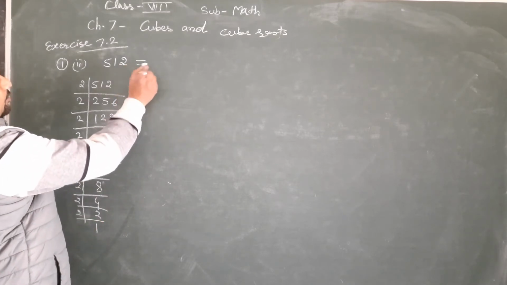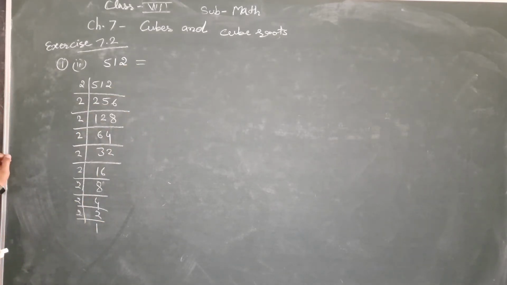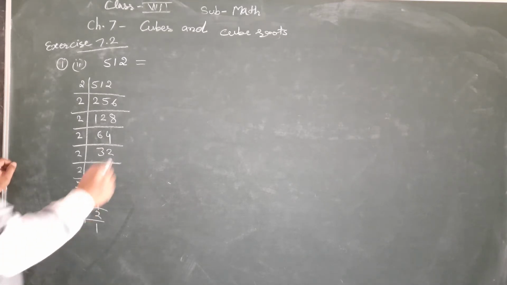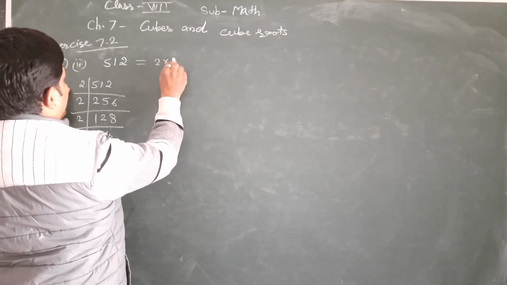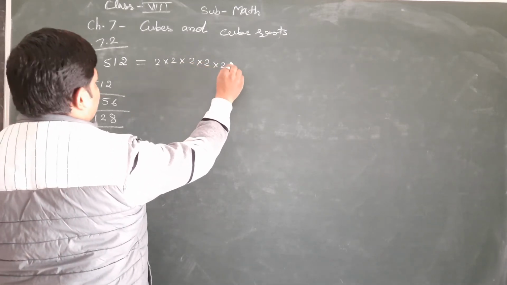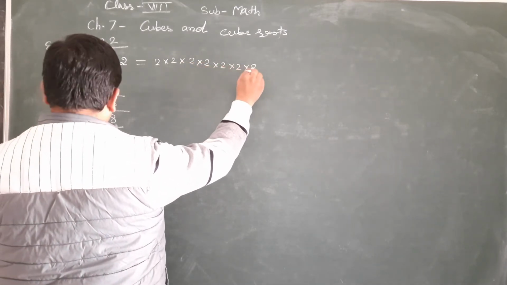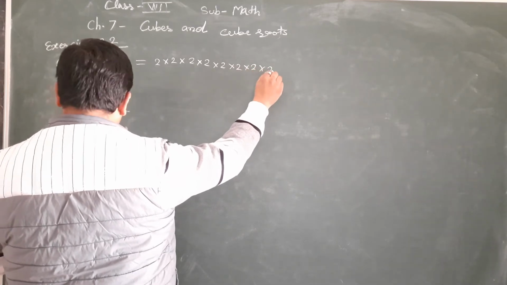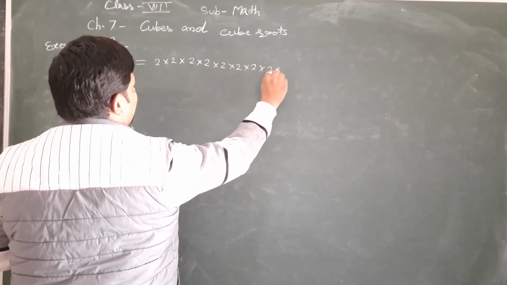So the prime factorization of 512 is 2 multiplied 9 times.